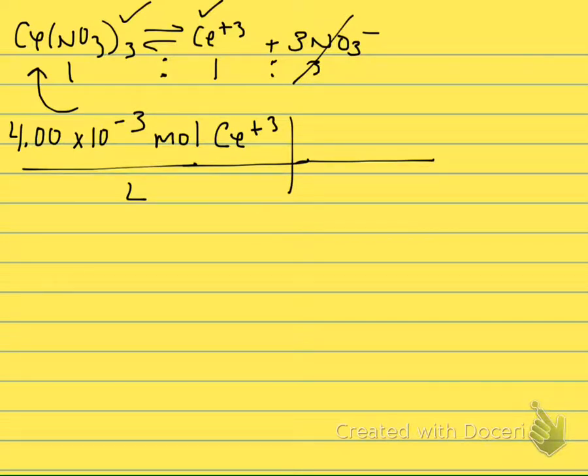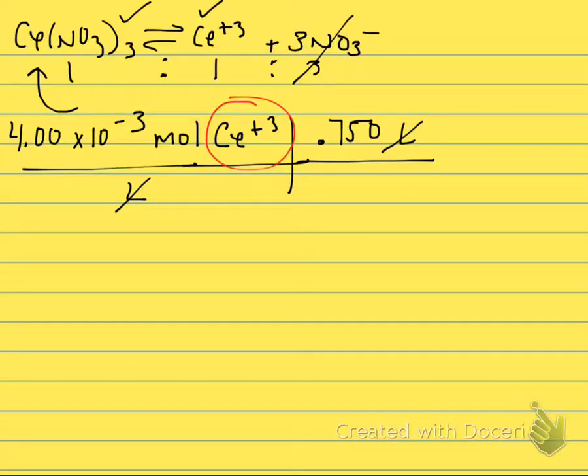At this point, I'm trying to figure out the new molarity of this Ce plus 3 ion. I'm trying to figure out what its concentration is in moles per liter. But because I added this new solution, there's more water in there, and I need to consider this additive volume now. So if we go one more step in our fence post here, we know that initially in the 0.750 liter container, this would be how many moles we had if we multiply that value.